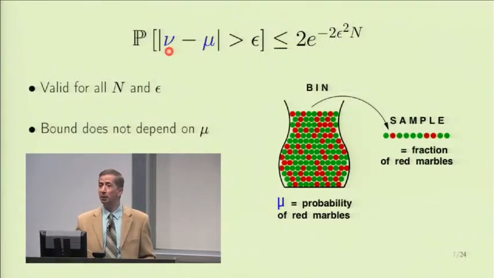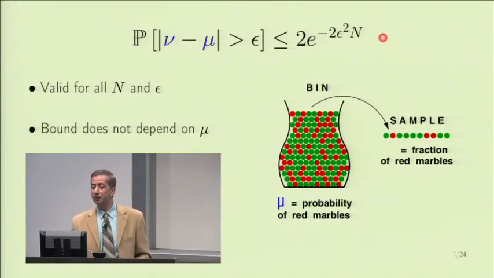You can find the probability that nu equals anything based on the value of mu. So the probability that this quantity exceeds epsilon does depend on mu. However, we are not interested in the exact probability. We just want to bound it. And in this case, we are bounding it uniformly. As you see, the right-hand side does not have mu in it.